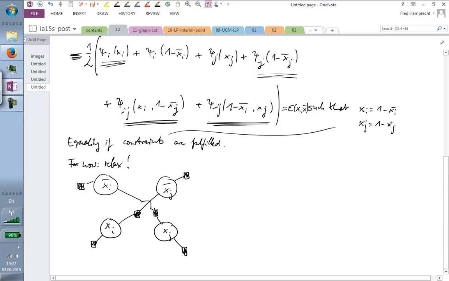And if the original is anti-smooth, I could now derive a new potential, let me call it psi ij tilde, between xi and xj bar, and I could define this as psi ij of xi and 1 minus xj bar. If this here is non-smooth or anti-smooth, then this thing here is now smooth.